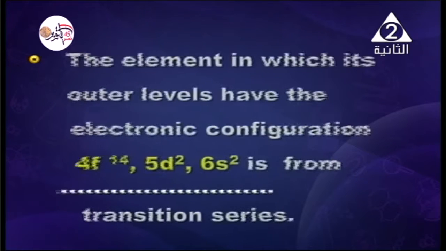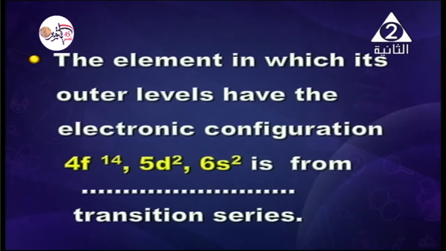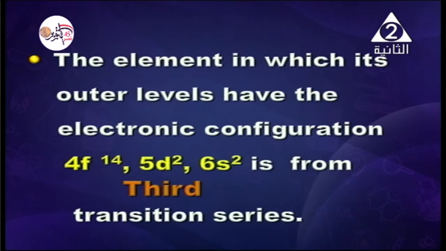If you think about it, my dear student, you will find the element in which the outer levels have the electronic configuration 4f14, 5d2, 6s2 is from third transition series, as the d sublevel is successively filled.